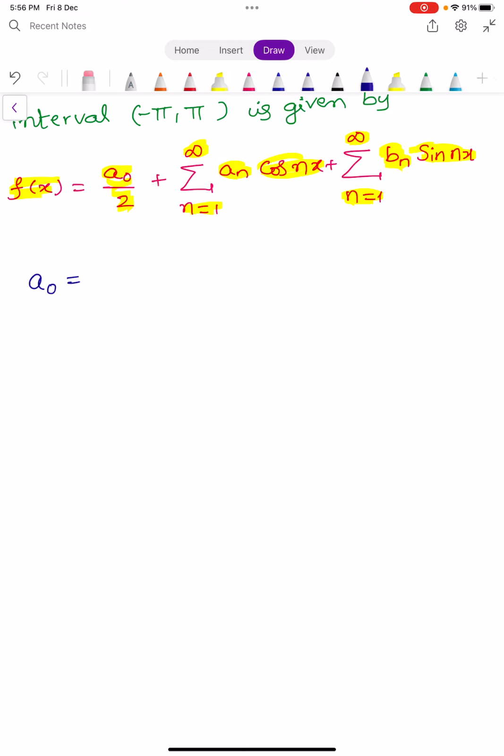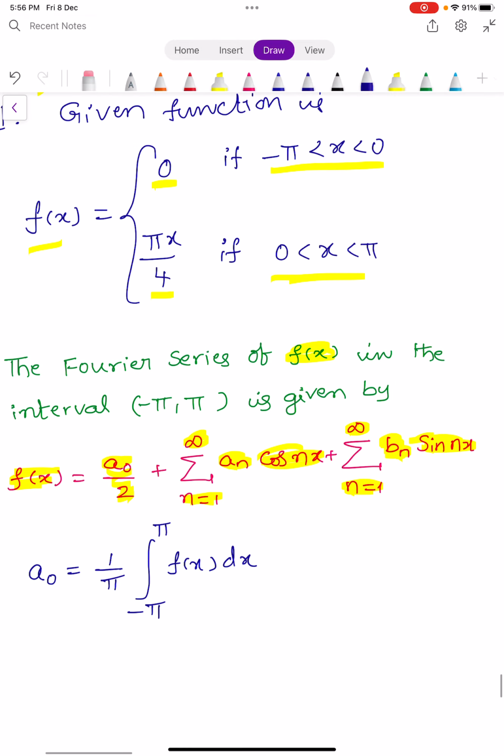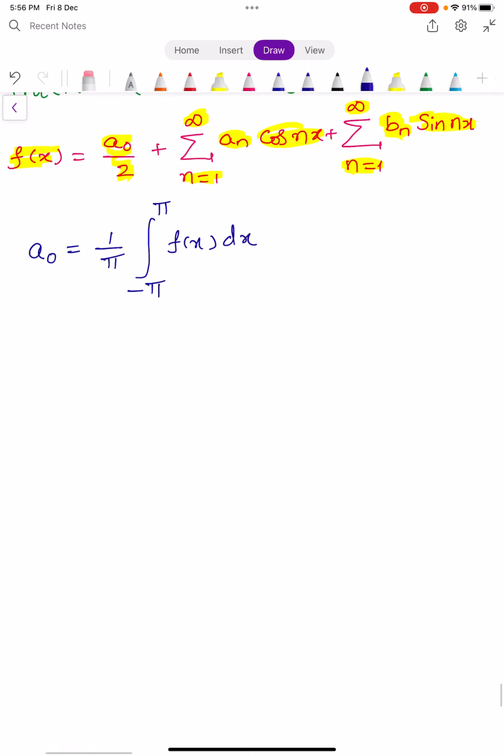A naught equals 1 by pi integral minus pi to pi f of x dx. But the function is discontinuous at 0. So the integral can be expressed like this: 1 by pi integral minus pi to 0 f of x dx plus integral 0 to pi f of x dx.